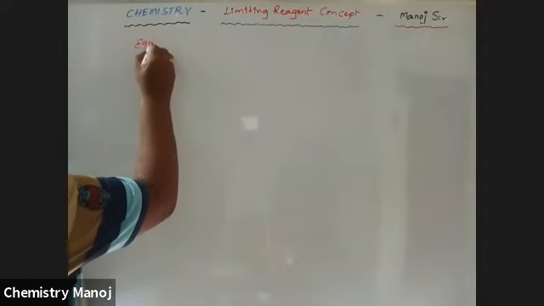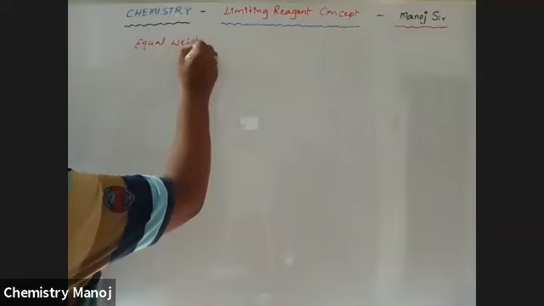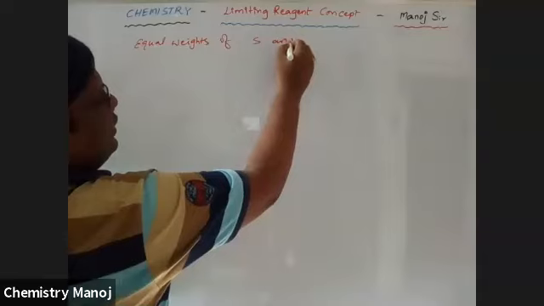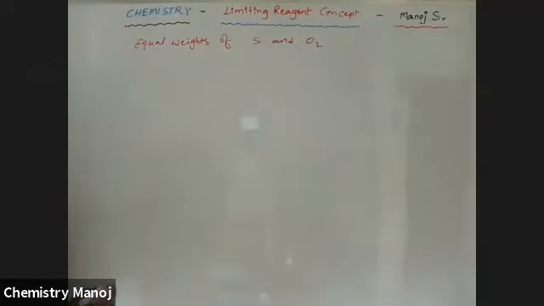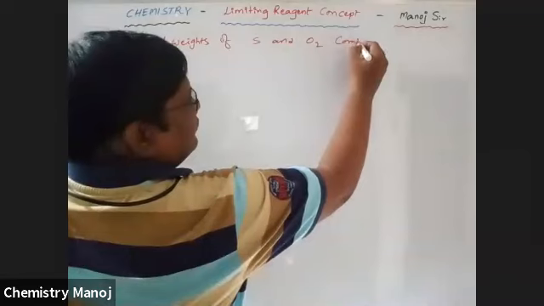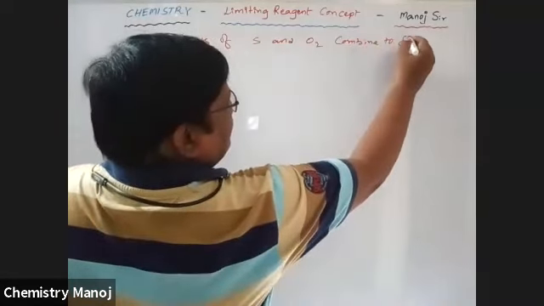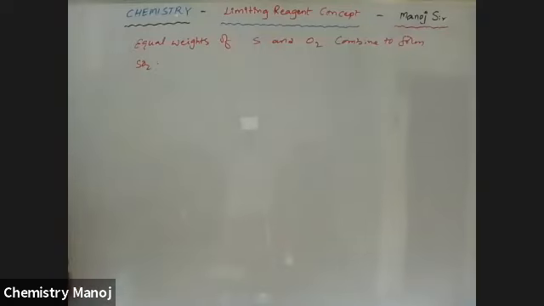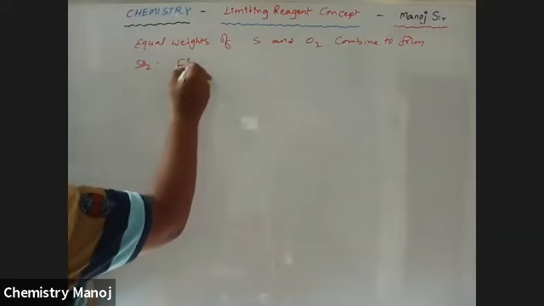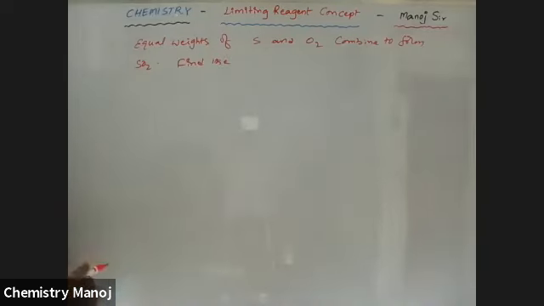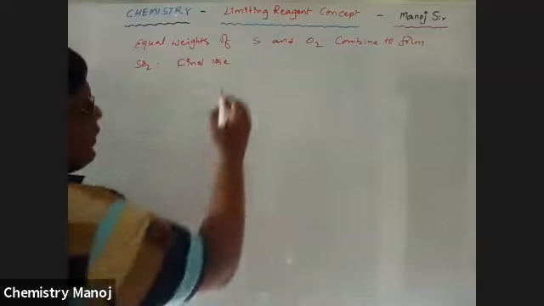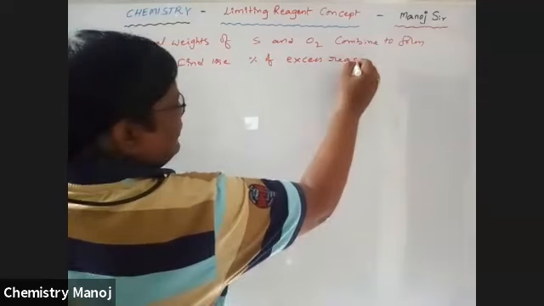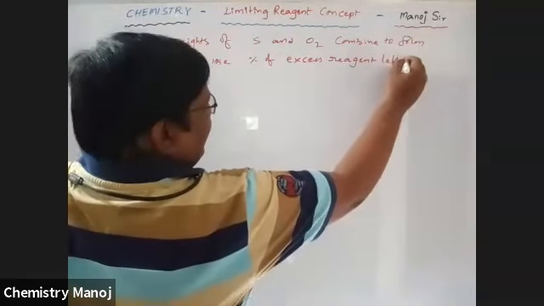Equal weights of sulfur and oxygen combine to form SO2. Find the percentage of excess reagent left behind.